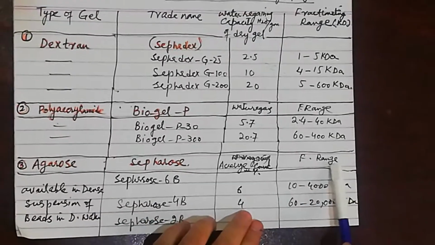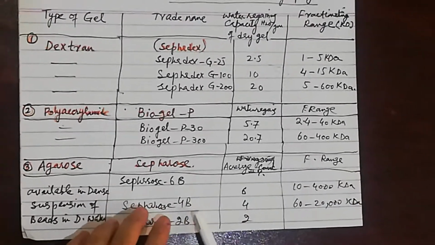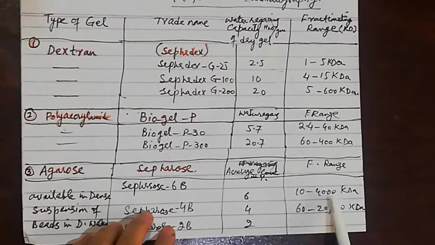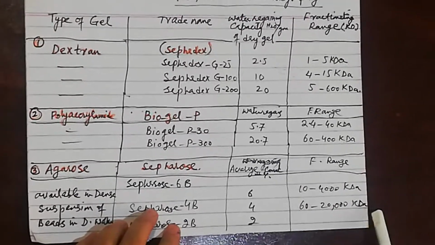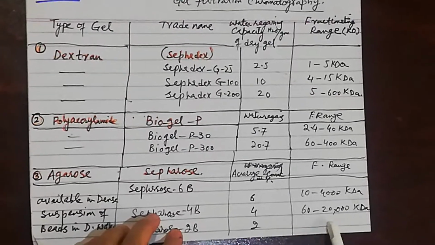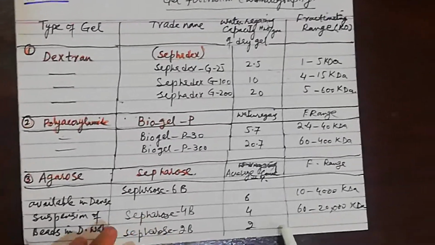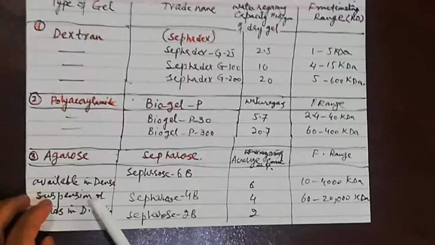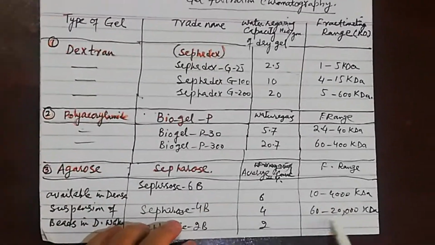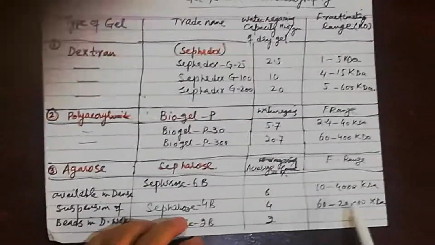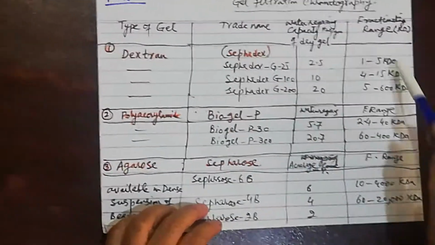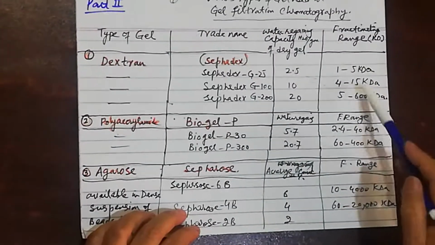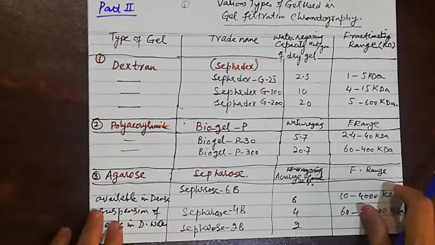The fractionating ranges of Sepharose 6B, 4B, and 2B are 10 to 4000 kDa, 60 to 20,000 kDa, and 80 to 40,000 kDa respectively. Usually agarose gel is used for the separation of nucleic acids, whereas dextran and polyacrylamide gels are used for the separation of proteins on the basis of their sizes.